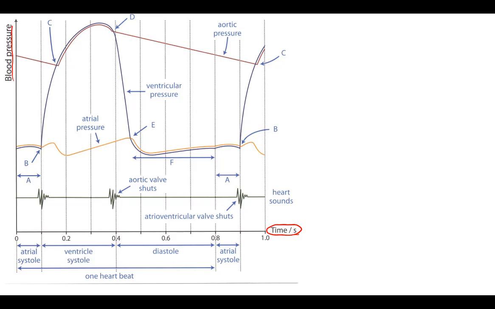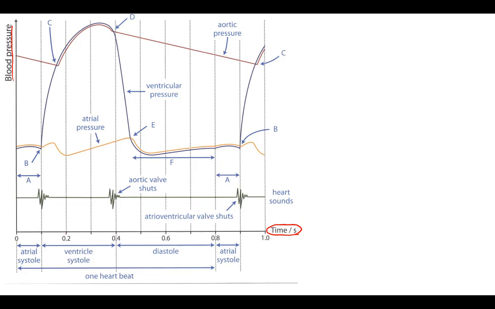Now, as well as that, if we start from the bottom and work upwards, one heartbeat involves atrial systole, ventricular systole, and diastole. So that's one heartbeat. If we go up, we can see the time each part takes. So atrial systole takes approximately 0.1 seconds, according to this graph.